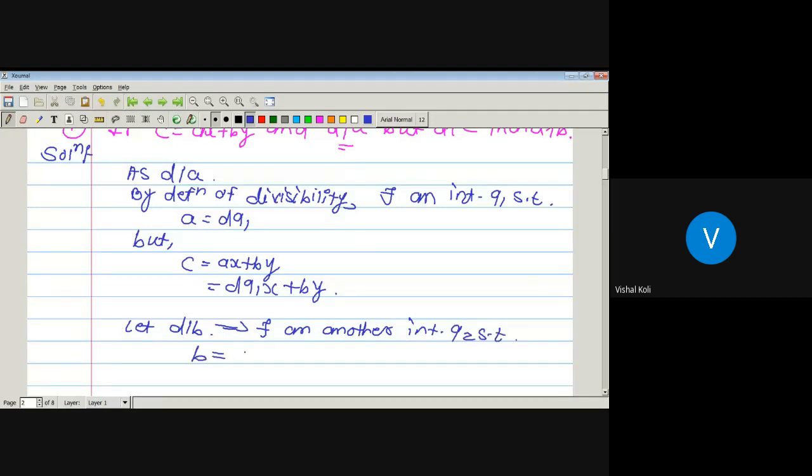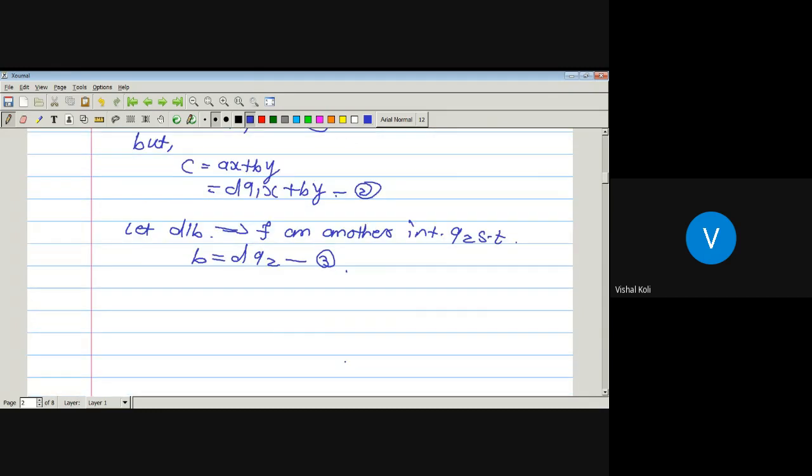a multiple of d. Let's take this one as 1, this one as 2, and this one as 3. Now put the value of b into 3, we get c as d into q1x plus d into q2y.